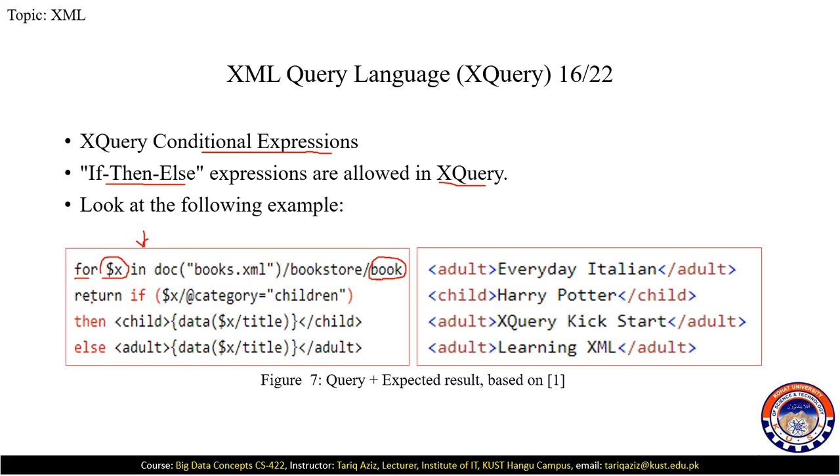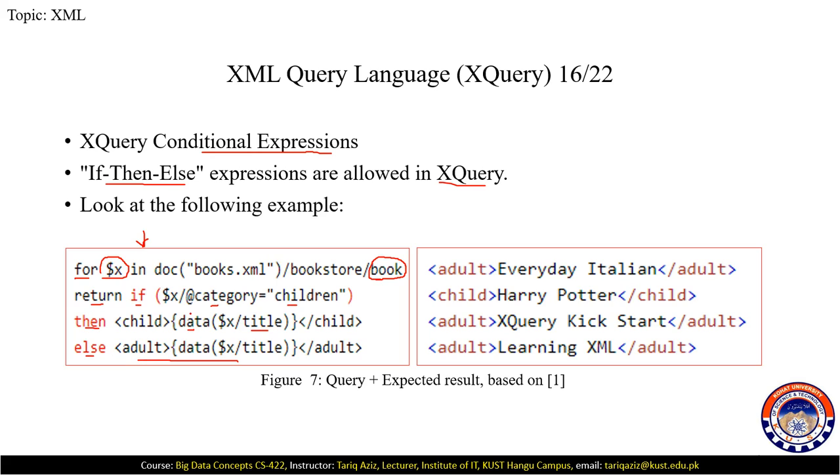And then we use the return clause. It says return, but we put a condition. If the category is equal to children, then return the data and the title, else return this result.